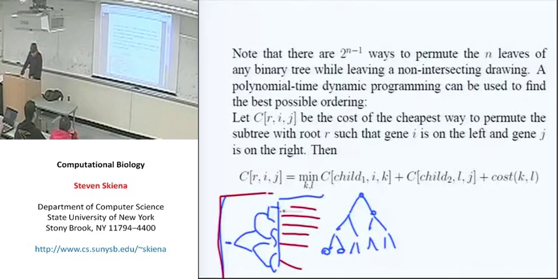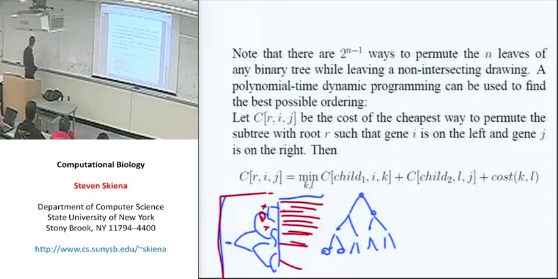If I just use that to specify the order of things, my picture will reflect the structure of my clustering. But there is a degree of freedom that I have in making the drawing that I haven't taken advantage of here. Note that when I'm drawing it, if I have this node here, it doesn't tell me which child is on the left and which child is on the right. Does it kind of make sense?